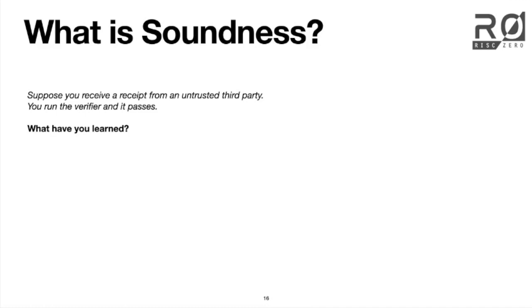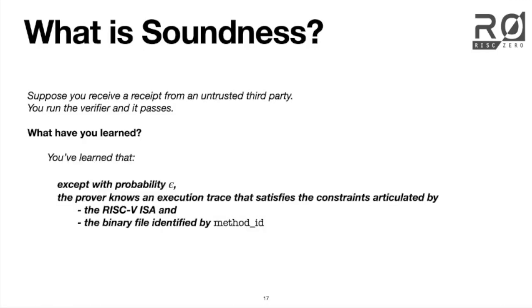We don't get a 100% guarantee that the person who ran the zk-VM and generated this receipt was actually honest. In zero-knowledge proofs and these sorts of cryptographic arguments, we don't get a full 100% guarantee. Rather, we get up to some probability bound, up to some epsilon, which we hope is small.